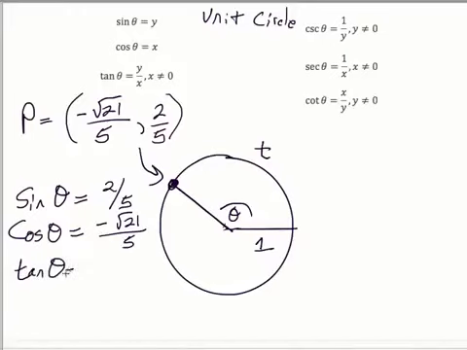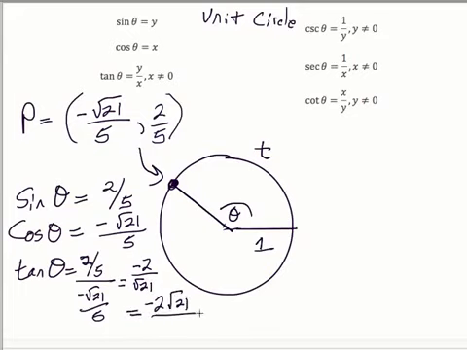Tangent theta will be sine over cosine, 2/5 divided by negative square root of 21 over 5, which when we invert and multiply becomes negative 2 over the square root of 21, which is negative 2 square root of 21 over 21.